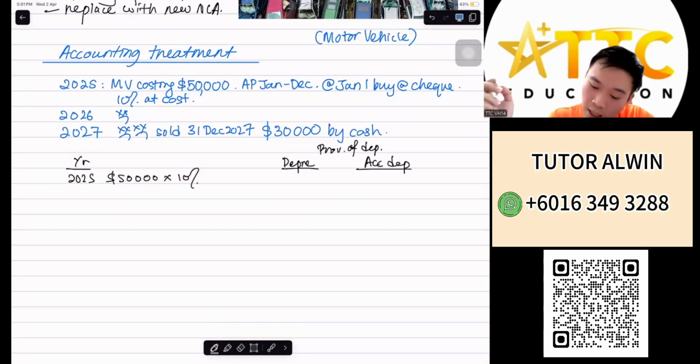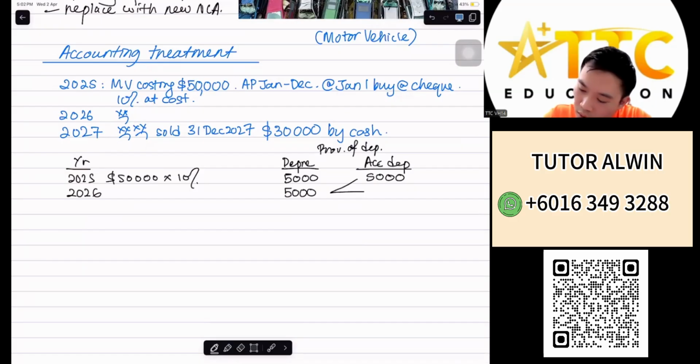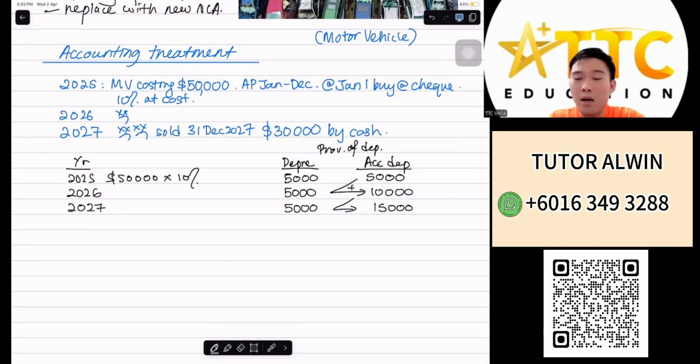Multiply by 10%, and that gives you 5,000 depreciation, so your accumulated depreciation will also be 5,000. 2026 will be the same thing, so total accumulated will be 10,000. In 2027, from January up to December, you are still using it, so depreciation is still charged at 5,000, giving an accumulated depreciation of 15,000. But at the end of the year, you sold it off. So how does it work?